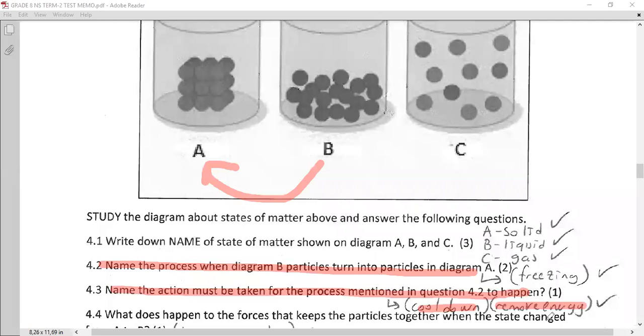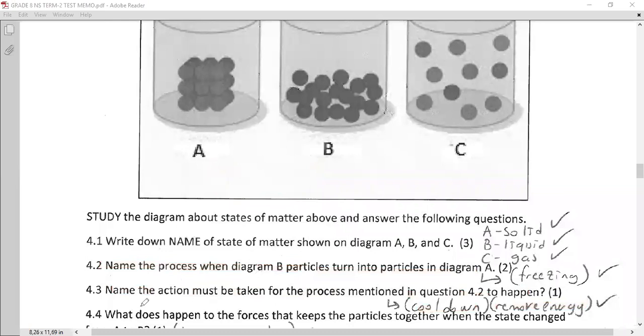Yes, I just told you that 4.2 can be solidification, okay? Solidification is correct. As I told you, any logical answer, okay? These are just sample answers. You receive full marks for this.